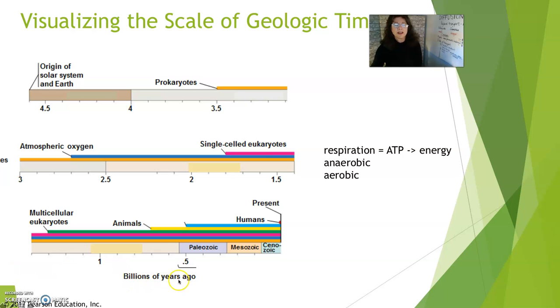When we're looking at this, we're looking at billions of years ago, and the start of our solar system and the Earth, which is not the Big Bang. The Big Bang was 14.5 billion years ago, and our solar system started about 4.5 billion years ago. Big difference. And it took another billion years before the simplest bacteria formed, we believe.